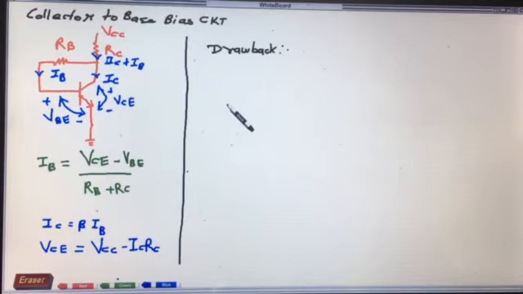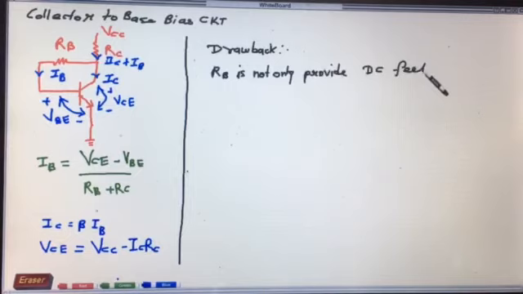The resistance RB not only provides a DC feedback, it also causes an AC feedback.